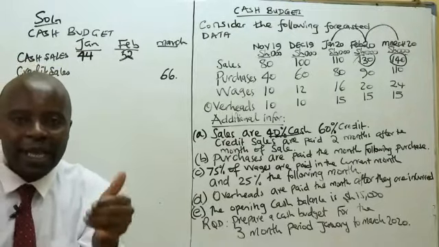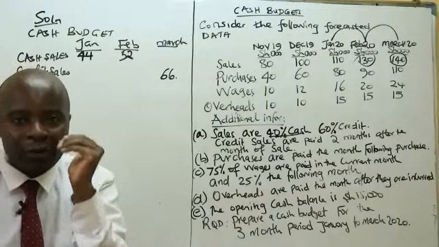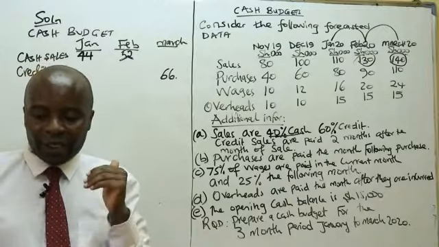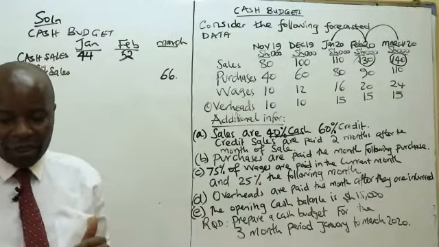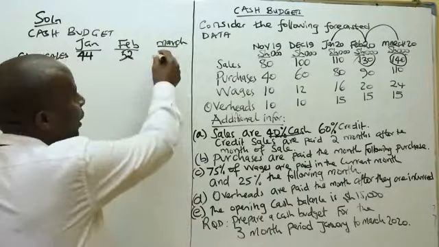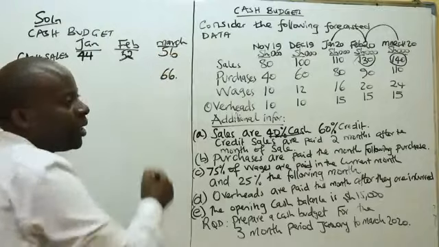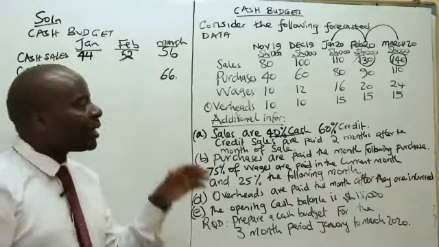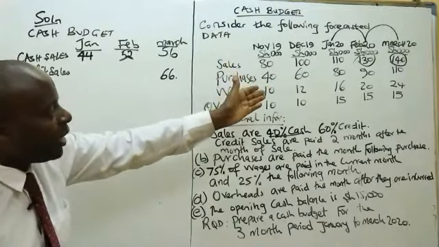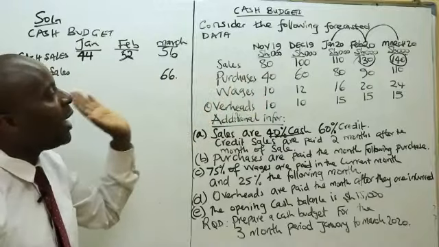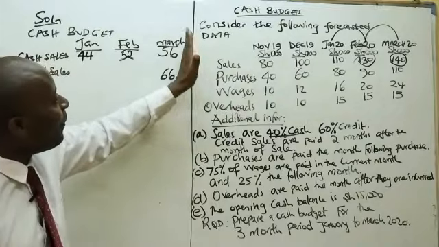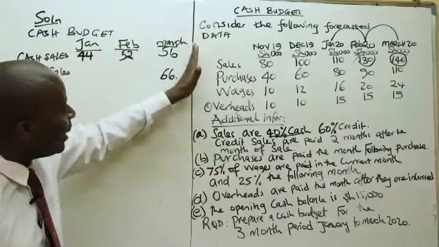So 40% to be received in this month will be how much? 56, I'm being told 56. So 56 is what I will come and book in here as a cash sale. The 60% of these 140 will not bother me, because I will be receiving that money in a month which is outside my cash budget period.